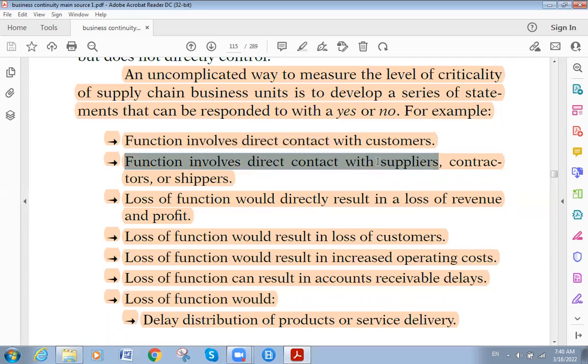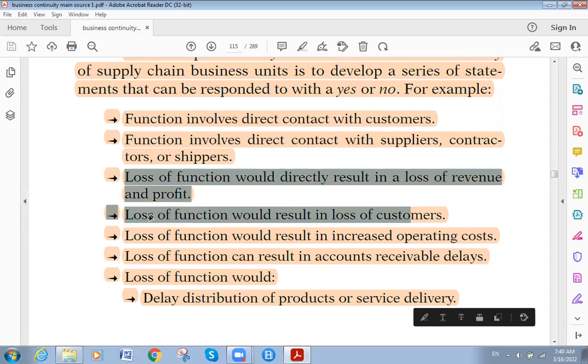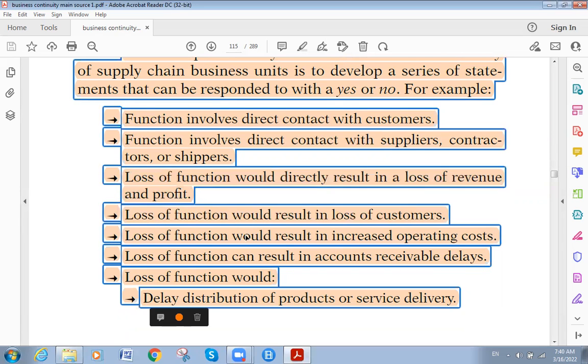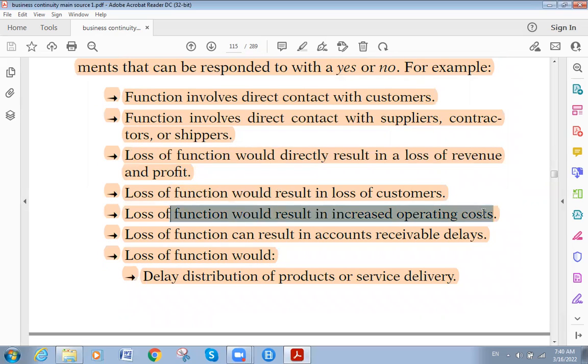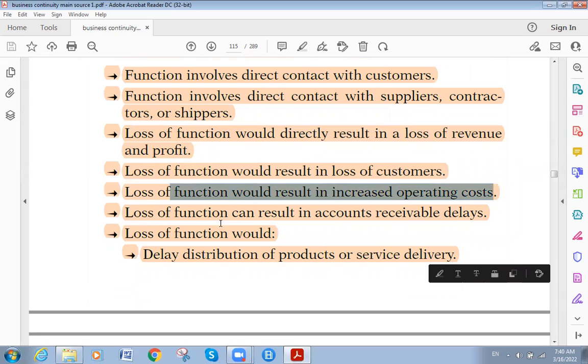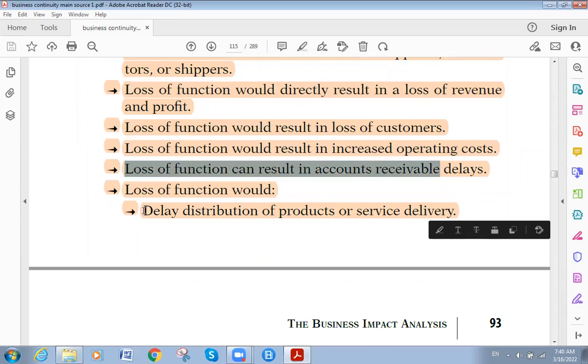The function involves direct contact with suppliers. Loss of function directly results in loss of revenues and profits. Loss of function would result in loss of customers. Loss of function would result in increased operating costs. Loss of function can result in accounts receivable delays.